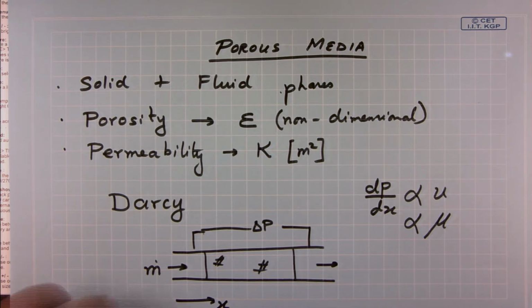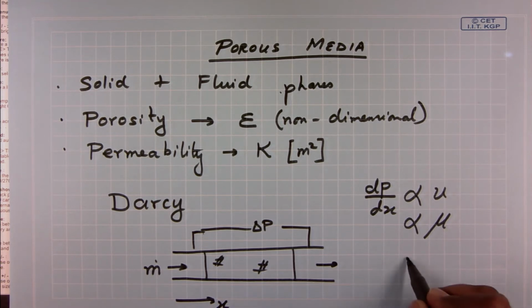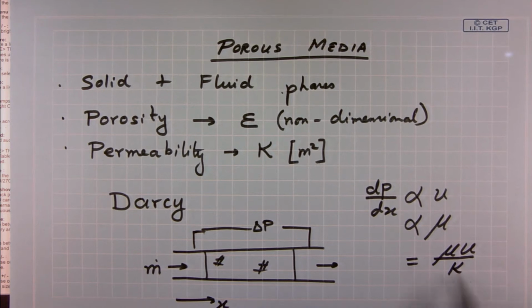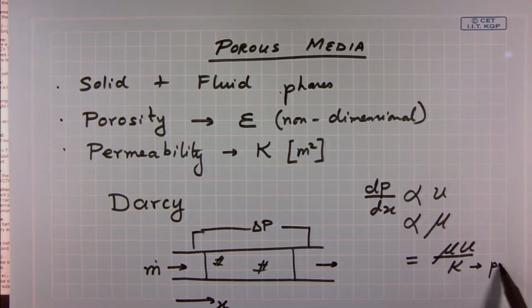And then he also found that as he made the bed more and more packed, the pressure drop became higher, and that is intuitively correct, right, we know. So, that is where we have today the famous Darcy's law, which says that the pressure gradient is mu u over K, and this K is your permeability.